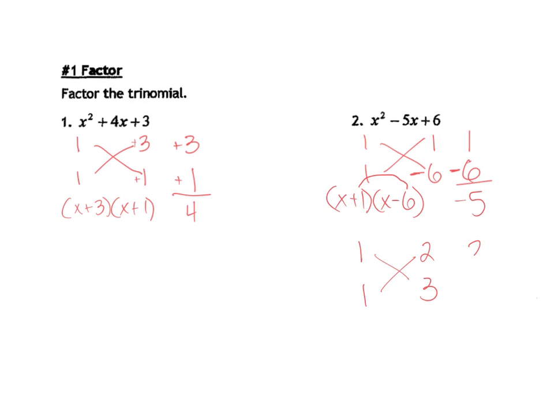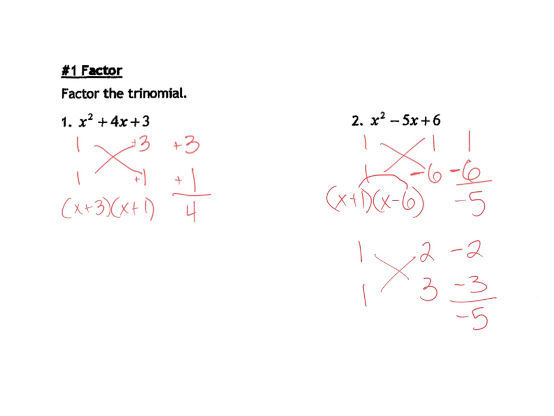Would this work? A 2 and a 3, does that make 5? Yes. How? I want a negative 5. Negative 2. I want them to add up to negative 5 and multiply to make positive 6. Both negative. They add up to negative 5. Do they multiply to make positive 6?